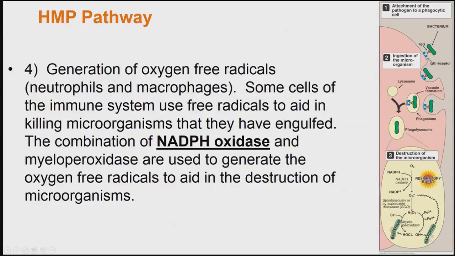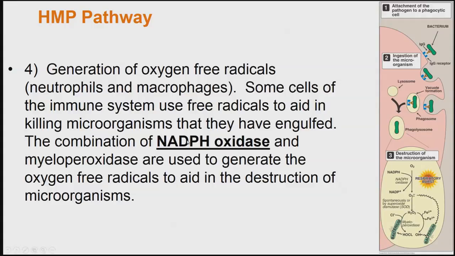And so neutrophils and macrophages, I'm not going to spend a great deal of time talking about those. You've probably already been introduced to those in micro and immuno, right? These are special cell types that are going to fight off infection. They have a system which actually will generate reactive oxygen species or oxygen-free radicals to try to kill bacteria, for instance.